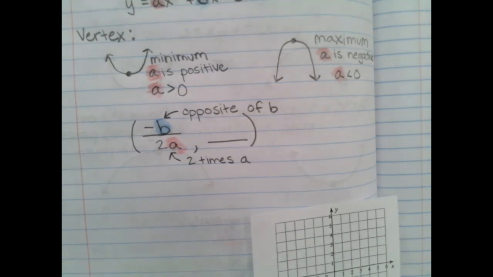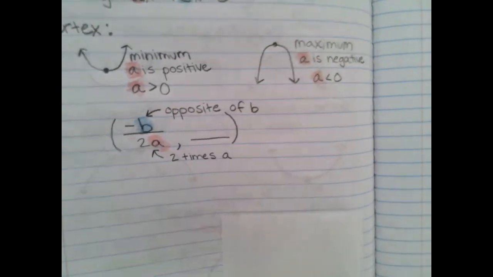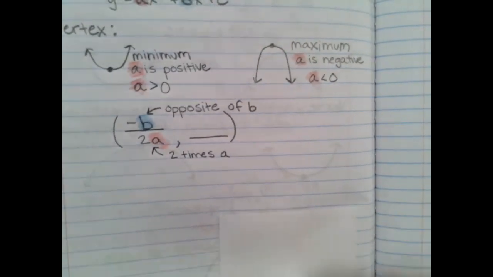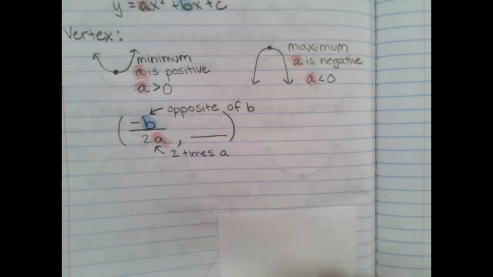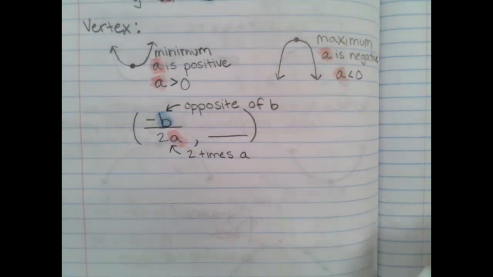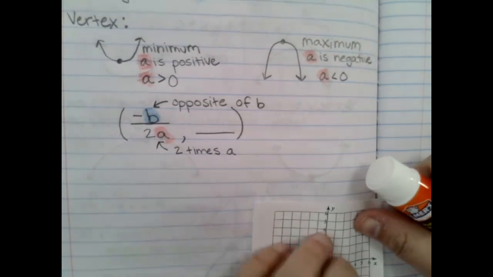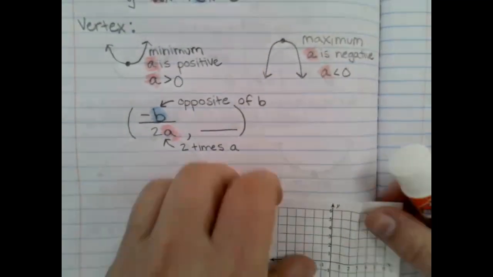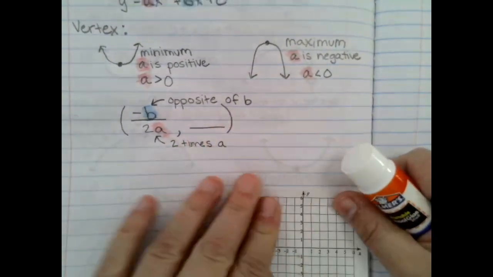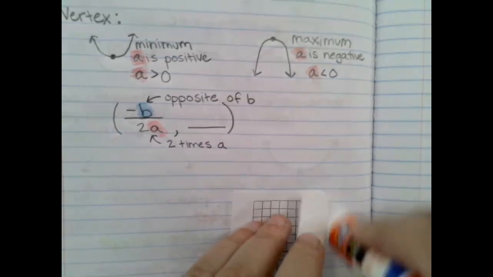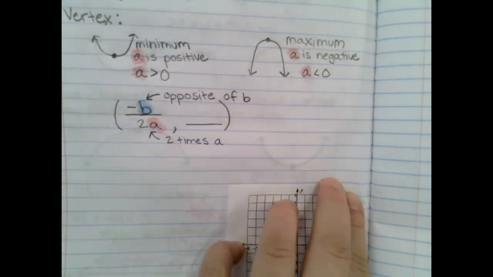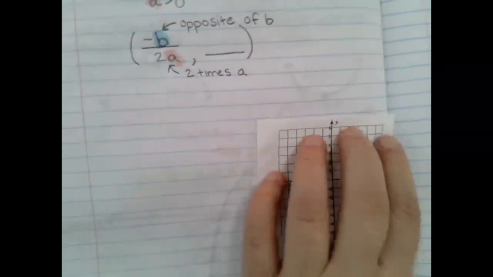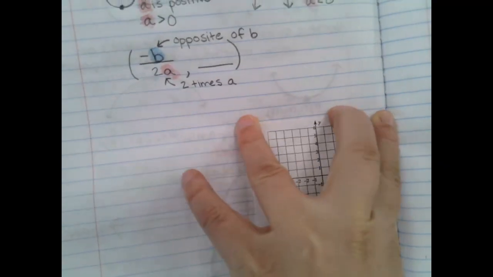So I'm going to glue that in on the right side of my paper. If you want to glue it on the left side, that's fine. You can do right or left. But we're going to glue it in on one side of our paper. Make sure the Y is on top. Make sure there's enough space for you to do the equations and stuff too. So either on the left side or the right side.